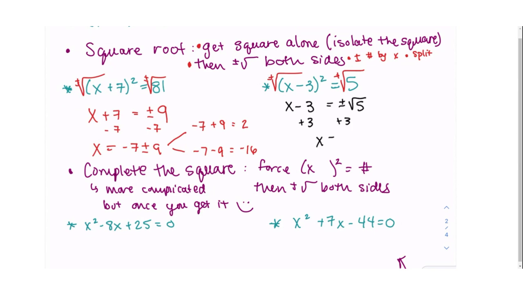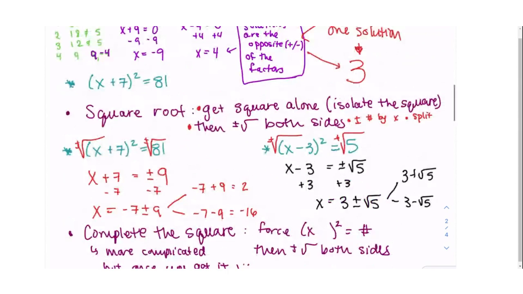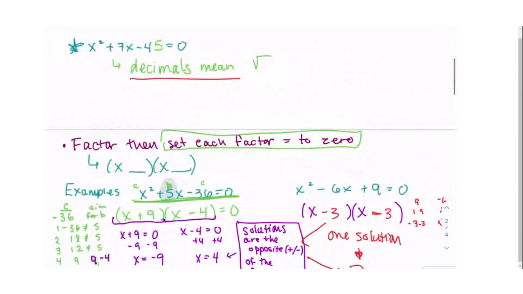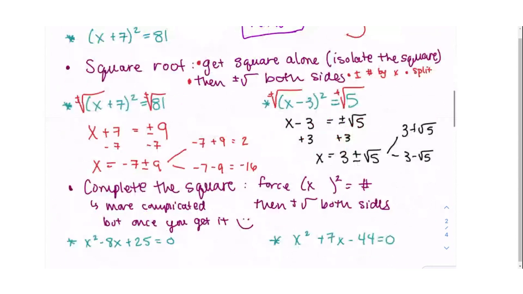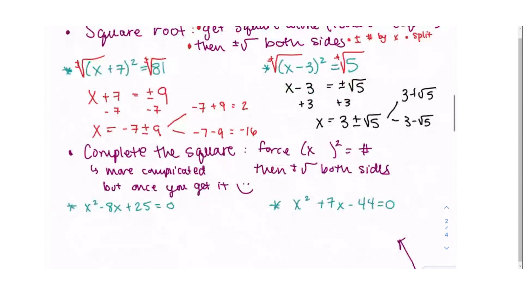Then I'll have x is equal to 3 plus or minus square root of 5. If you wanted to, you would split this into two answers: 3 plus the square root of 5 and 3 minus the square root of 5. But we can't go any further than that because square root of 5 is a nasty decimal. That's where the decimals come in, and that's how you take care of decimals. You should have a square root instead.